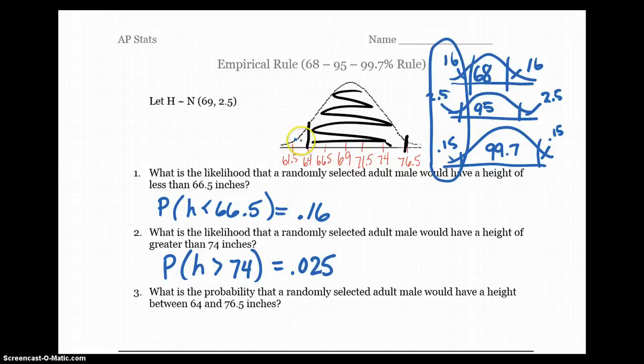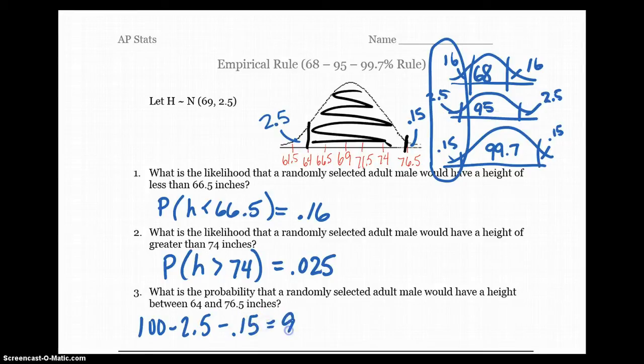So this tail right here that I don't want is 2.5%. This tail out here that I don't want is 0.15%. So I want 100 minus 2.5 minus 0.15.